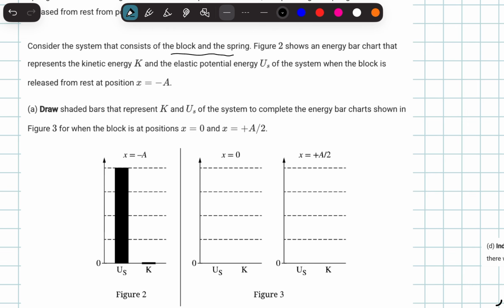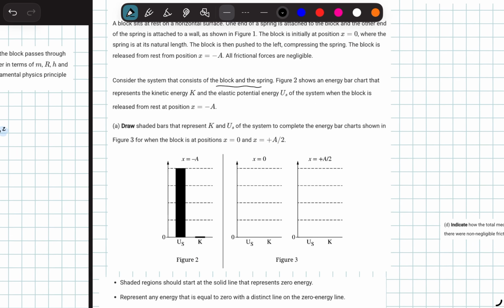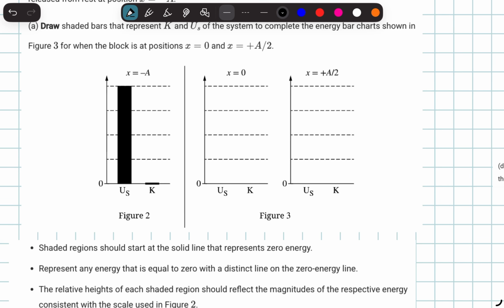So for energy bar charts, first, we can determine for x equals negative a. This is when you are at release. At release, you have K initial is equal to 0 because velocity is equal to 0. And then when you have a spring compressed by a, you're going to have U_s initial is equal to 1/2 KA squared.